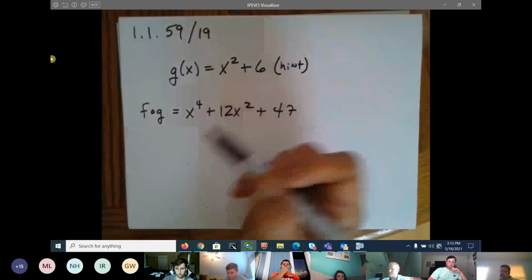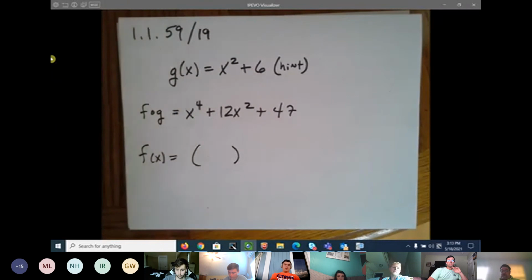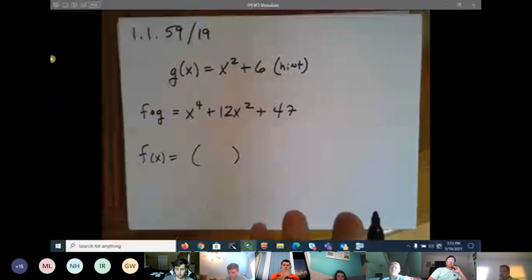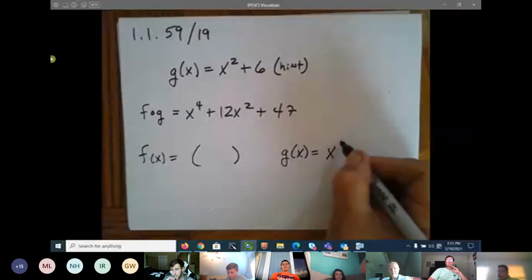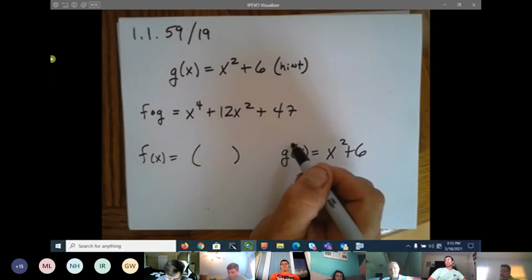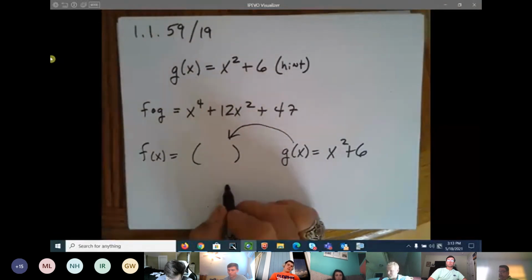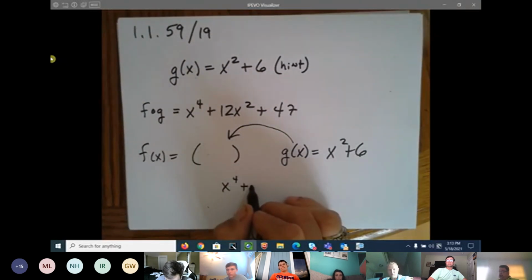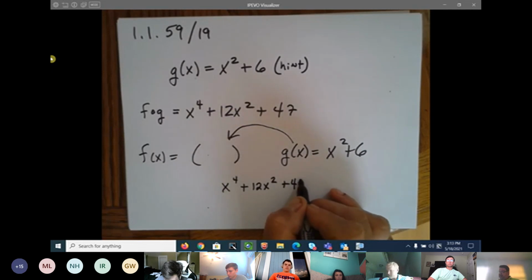So f of x is equal to a big set of parentheses or something. And then g of x is equal to x squared plus 6. And you know you got to plug this into whatever this is, and that's going to give you x to the 4th plus 12x squared plus 47.